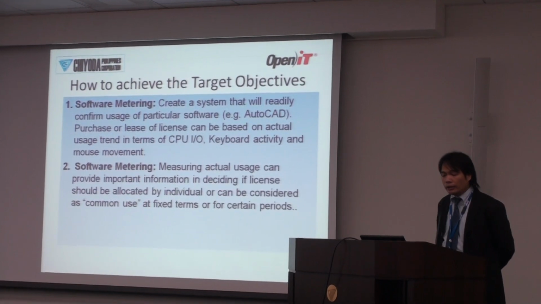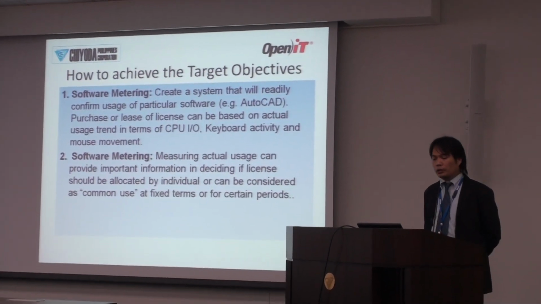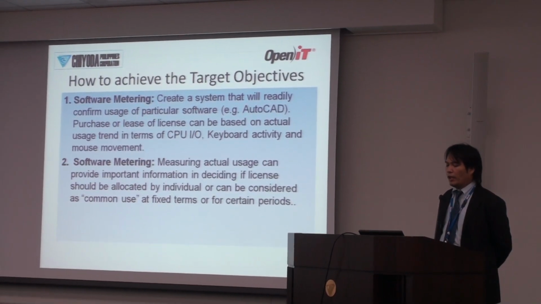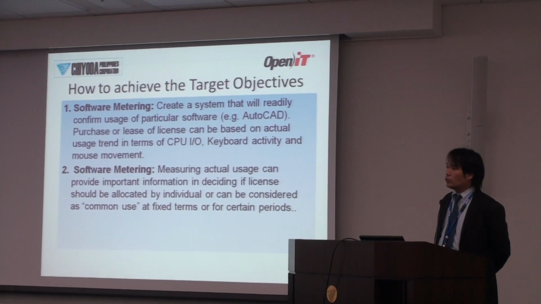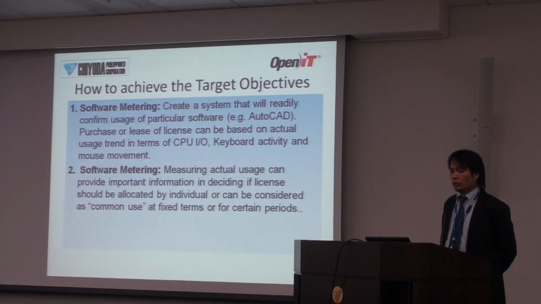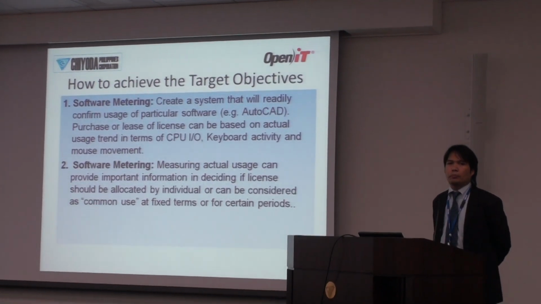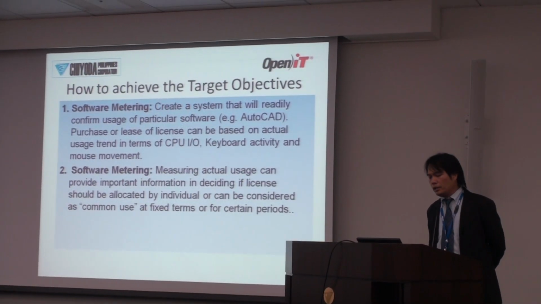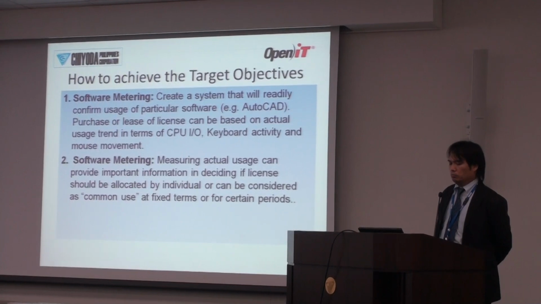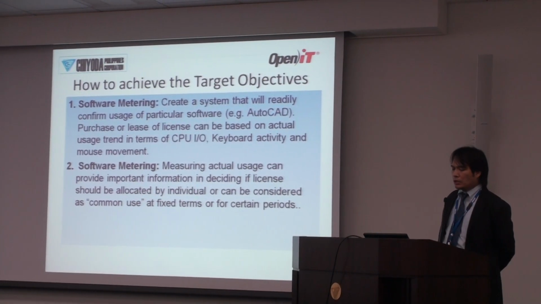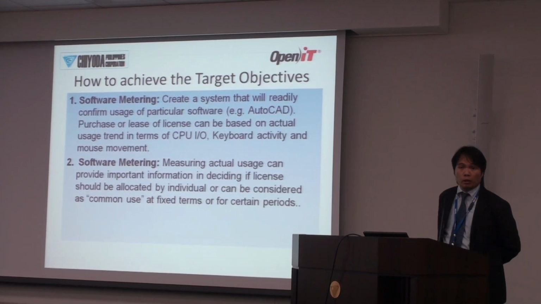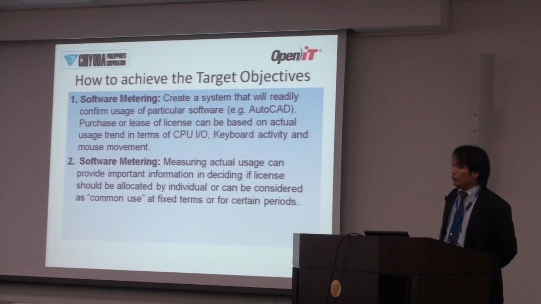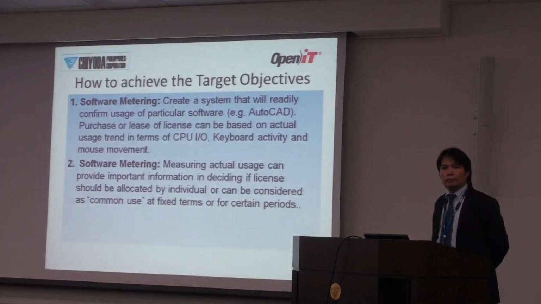Now for OpenIT, how to achieve the target objective: software metering creates a system that readily confirms the usage of a particular software. For example, AutoCAD, whether it's a purchase license or lease license, license can be based on actual usage in terms of CPU input and output, keyboard activity on that application, and mouse movement.